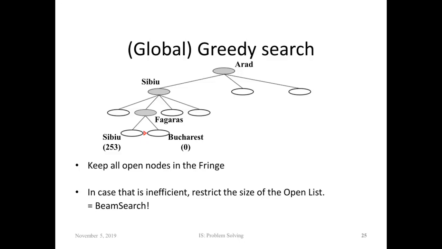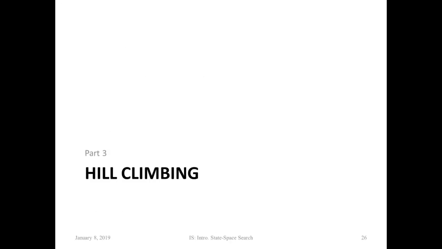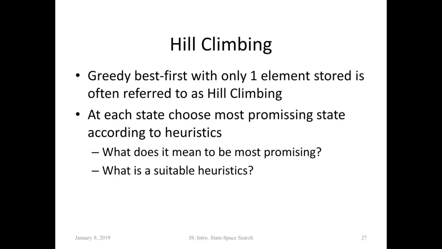There is the most radical way of doing that, and that's called hill climbing. Hill climbing has a strategy of a beam of size 1. So it only takes the optimal one and throws away everything else. So if you have greedy best first search with only one element in the fringe, then that's called hill climbing.